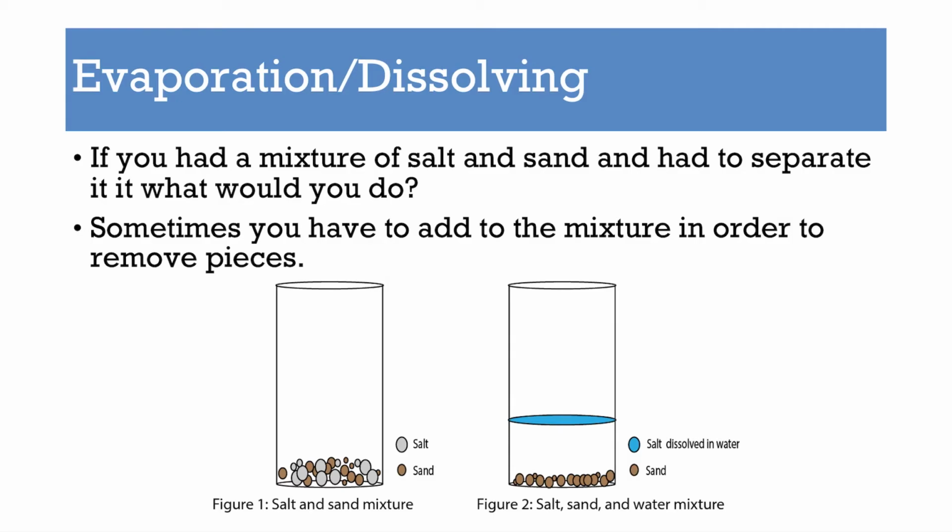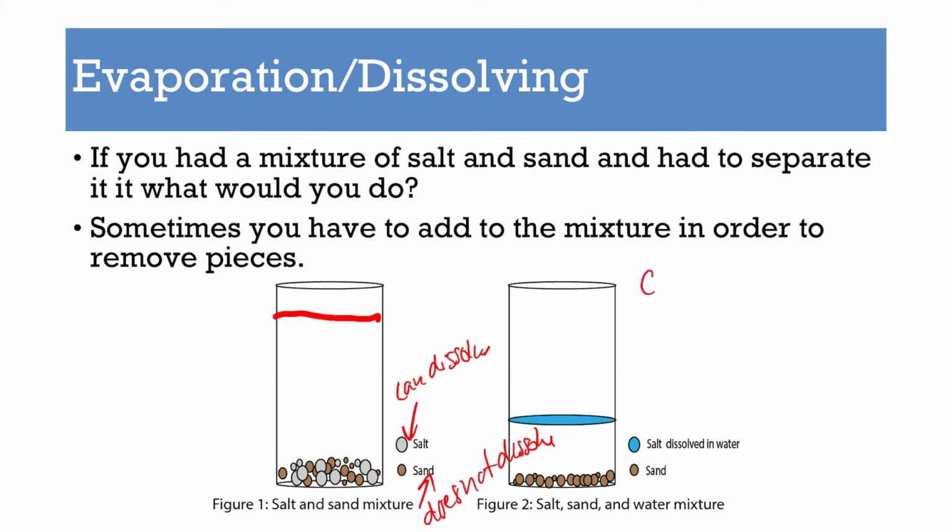So what you can do is that some things can dissolve and some things can't. If you were to pour water in this container, the salt can dissolve, the sand does not dissolve.